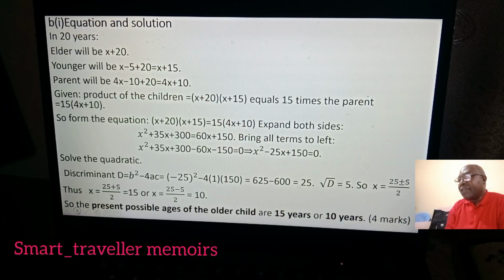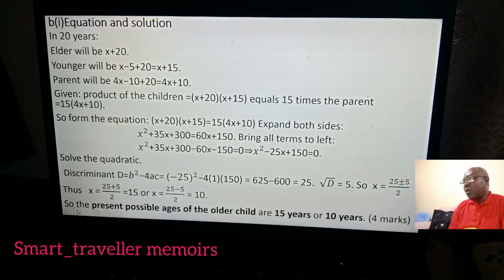So negative 25 squared minus 4 times a, where a is 1, the coefficient of x squared, and the constant c is 150. The answer becomes 625 when you square negative 25, minus 600, which is 25. Find the square root of the discriminant, and you get 5, that is the square root of 25.